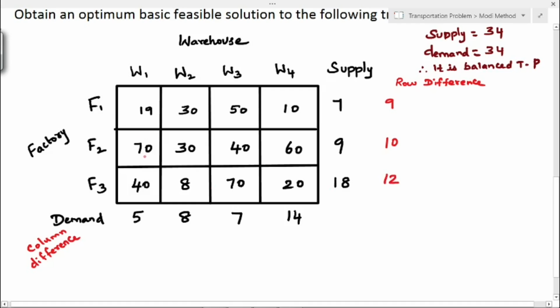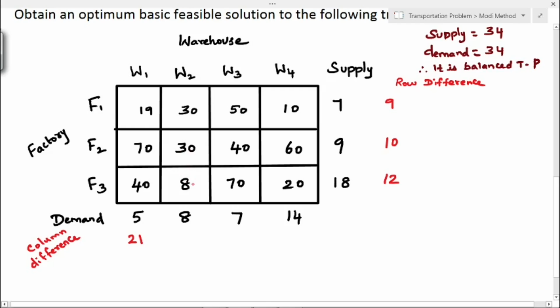Next we have to find column difference. First consider W1 column 19, 70, 40. So the least values are 19 and 40. So the difference is 40 minus 19, that is 21. Next W2 column 30, 30 and 8. So the least values are 30 and 8.